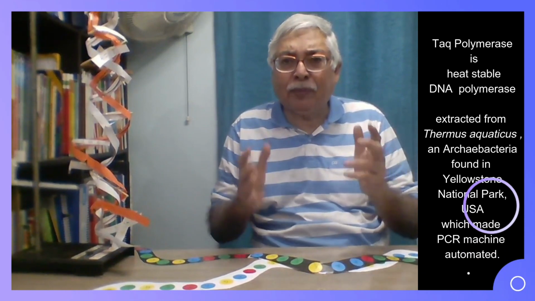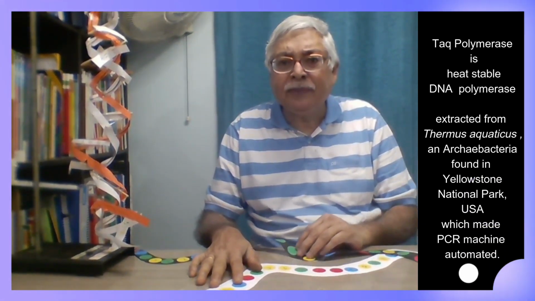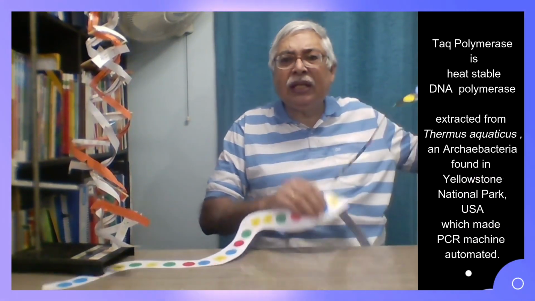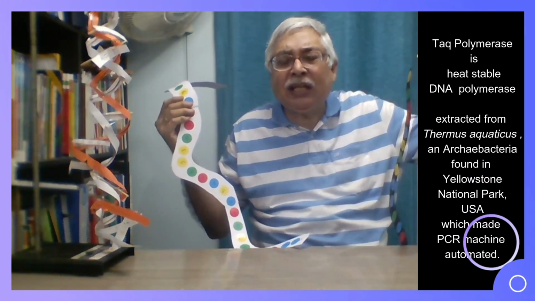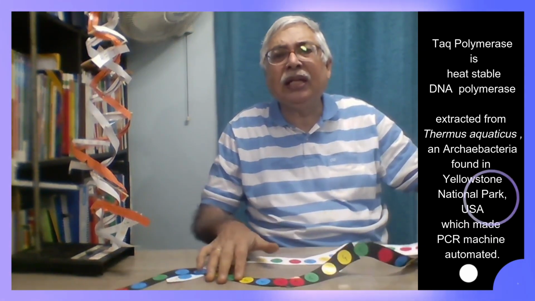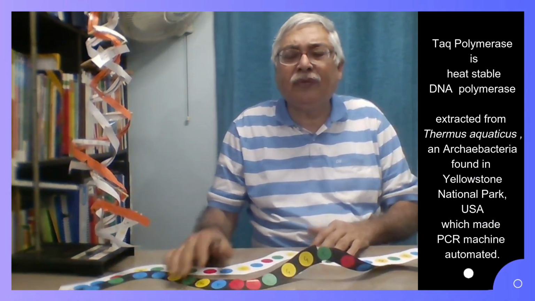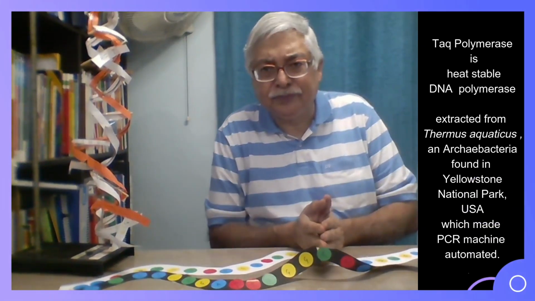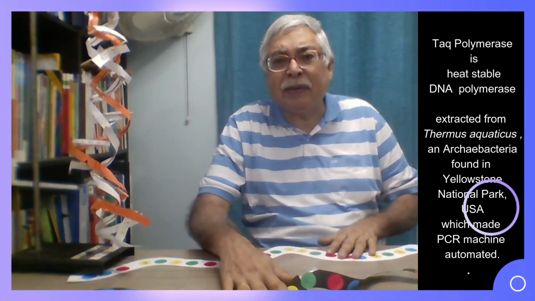Discovery of Taq polymerase made it possible to put DNA in a machine and the machine breaks it into two chains, and due to ATP, GTP, CTP and TTP already given there, new DNA is formed by Taq polymerase, and so we get 1 to 2, and then again it is heated up, separated, and again new DNA forms.